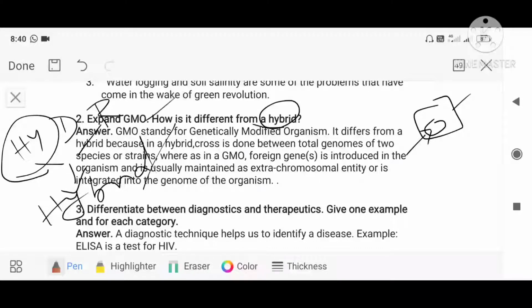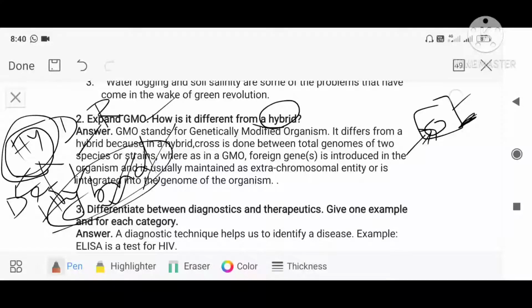See, in GMO, exactly the gene I need can be introduced into the plant. But imagine this is high yielding, but it has some defective, bad characters. Sometimes in that hybrid you can find the bad characters are getting expressed. So, exactly what I want I may not get in a hybrid, but in the GMO I can get exactly what I want, because I will introduce only those genes which I want and remove those genes which I do not want.